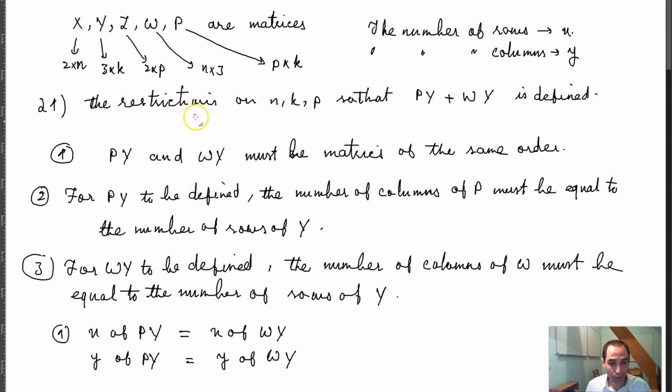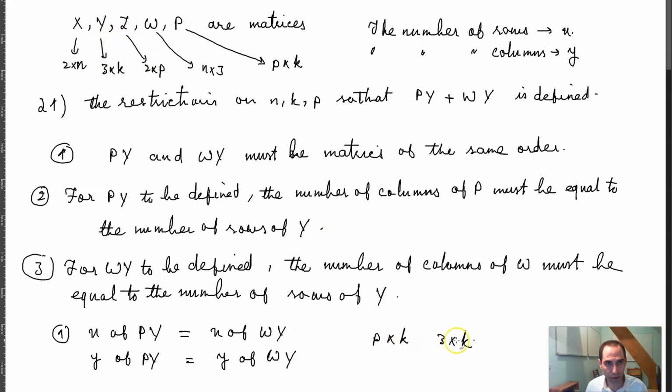When you multiply P and Y, P is a matrix of the order p by k, and Y is a matrix of the order 3 by k.